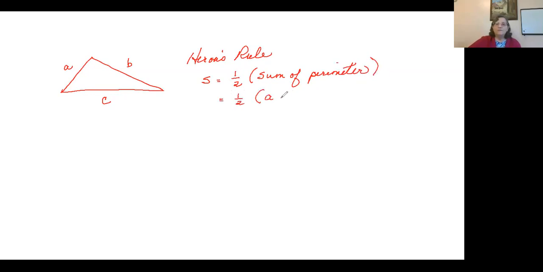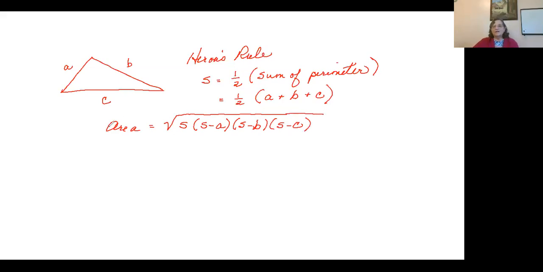So it would be 1/2 of A plus B plus C. Now, used in the area formula, the area of a triangle is the square root of S times S minus A times S minus B times S minus C. The area is this value S times the difference between S and each individual side, all multiplied together, and then take the square root of the whole thing.